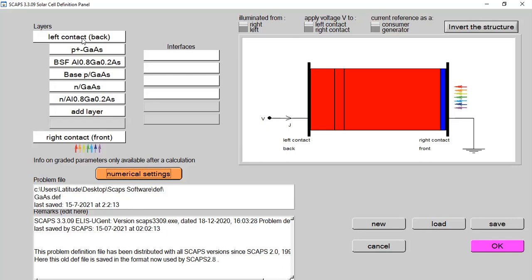The reason why higher values of metal work function can provide us better efficiency, better VOC, and fill factor is that if we have a higher metal work function, the barrier height of majority carriers tends to decrease.